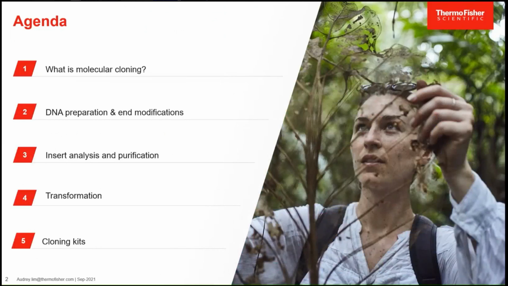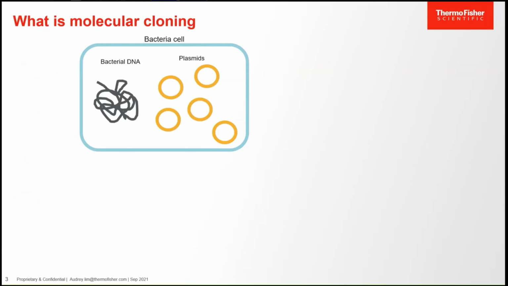Okay. So to start off, what is molecular cloning? Here we have a bacterial cell. Bacterial cells are quite special in that most of their genetic material is contained in a single bacterial chromosome. It is in gray here.